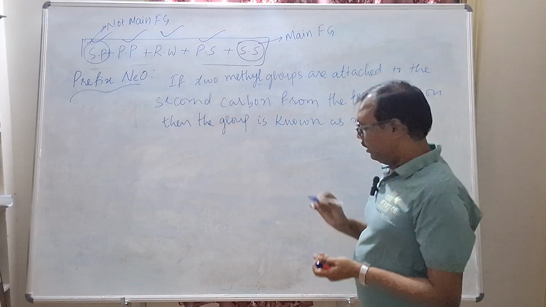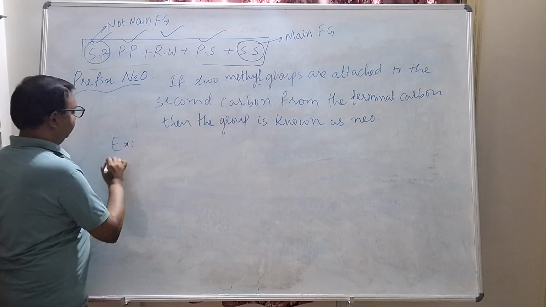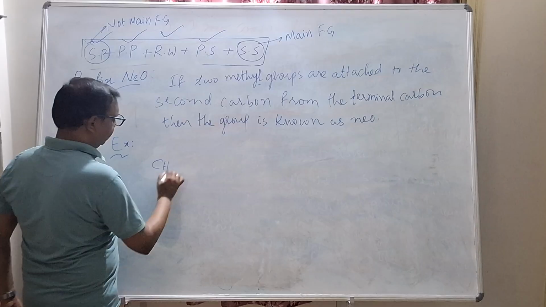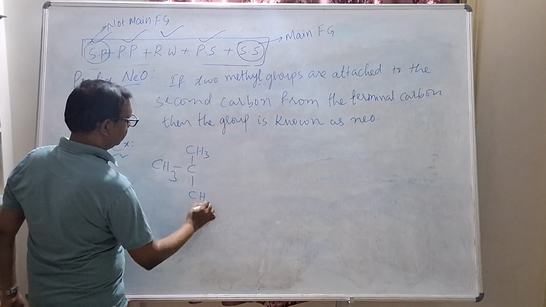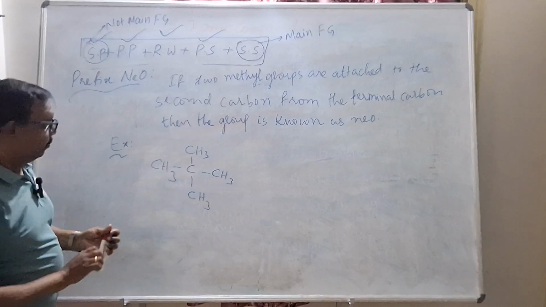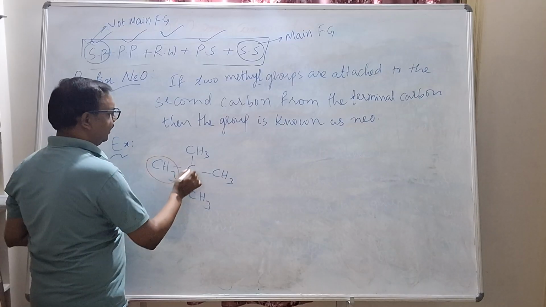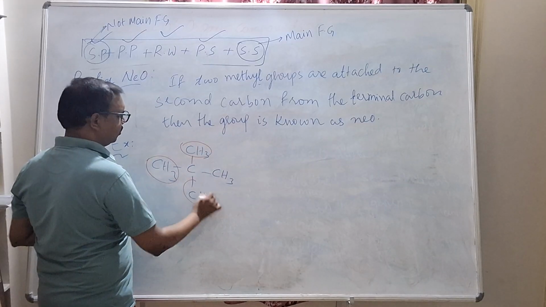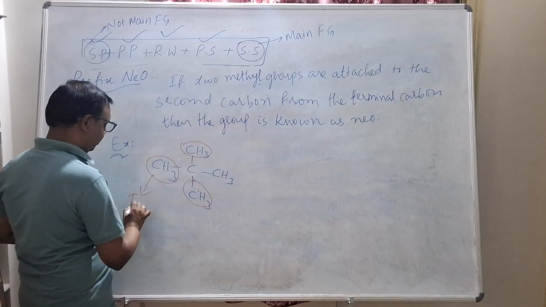Here, you can consider the example. CH3C. How many methyl groups? 2 methyl groups to the second carbon. This is the terminal carbon, and this is the second carbon. How many methyl groups are attached to the second carbon? 2 methyl groups.